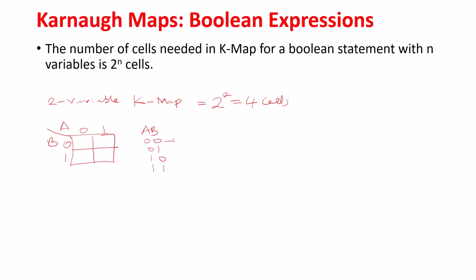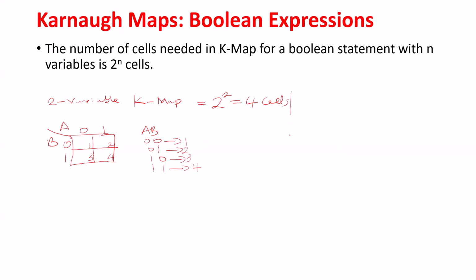So this takes the first cell, this takes the second cell, this takes the third cell, and finally this takes the fourth cell. So we can label the cell positions as 1, 2, 3, and 4. This is for the 2-variable K-map.